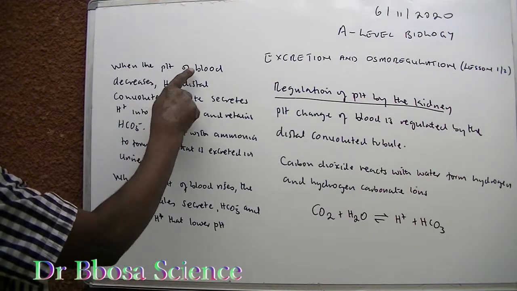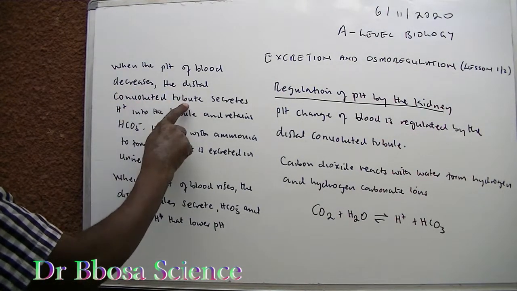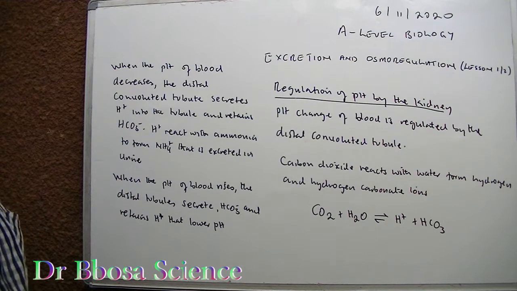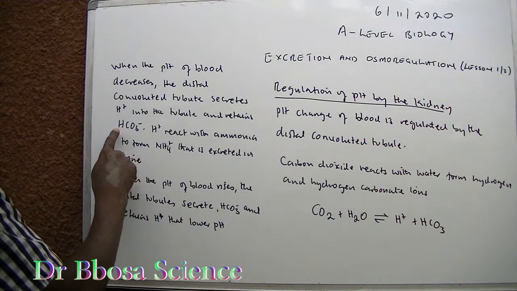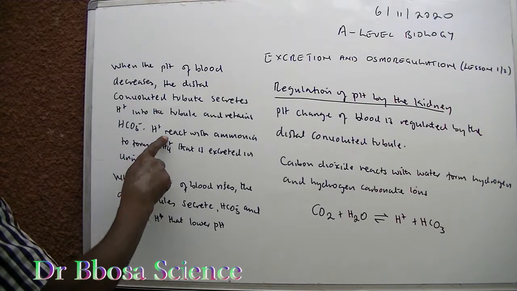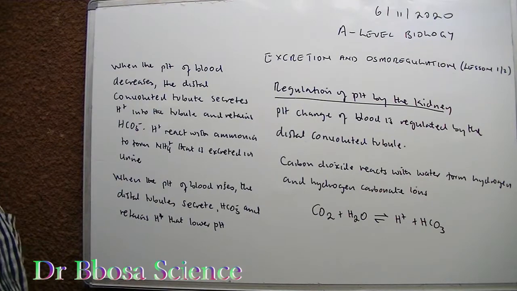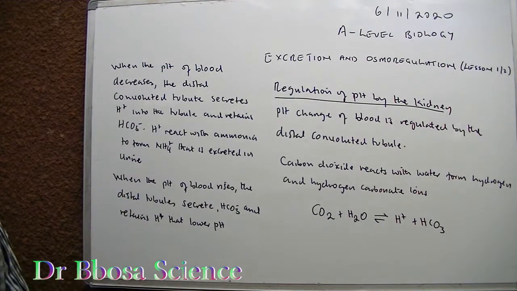When the pH of blood decreases, the distal convoluted tubule secretes hydrogen ions and retains bicarbonate ions. Hydrogen ions react with ammonia to form ammonium ion that is excreted in urine.